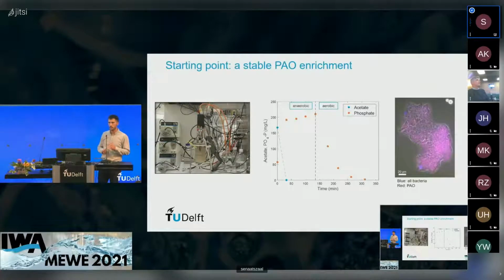Also, if we check our granules, we see in blue all the bacteria and in red the PAO, which together give this magenta that shows there are quite a lot of PAOs in our system. On this reactor is where we started to feed the 13C and analyzed several samples during one SRT, one at the end of each of the cycles.